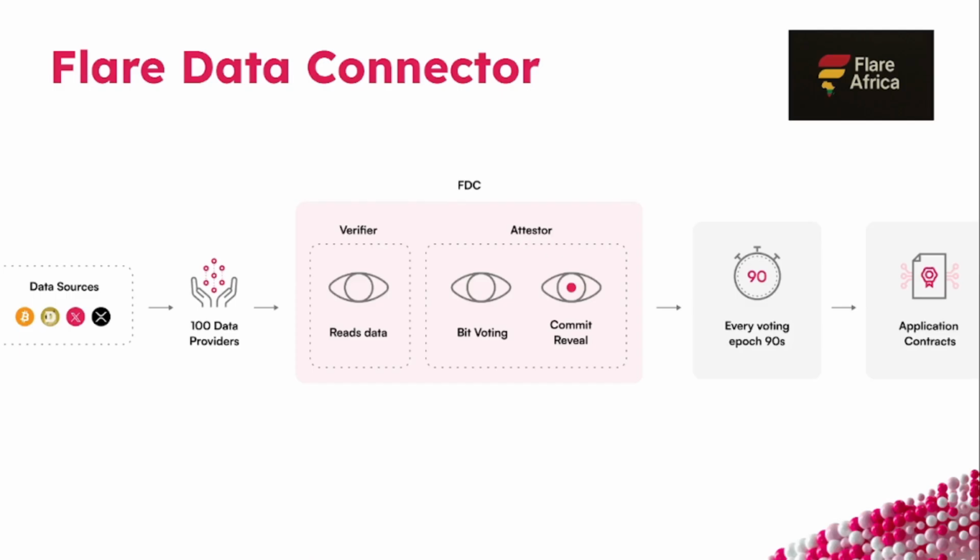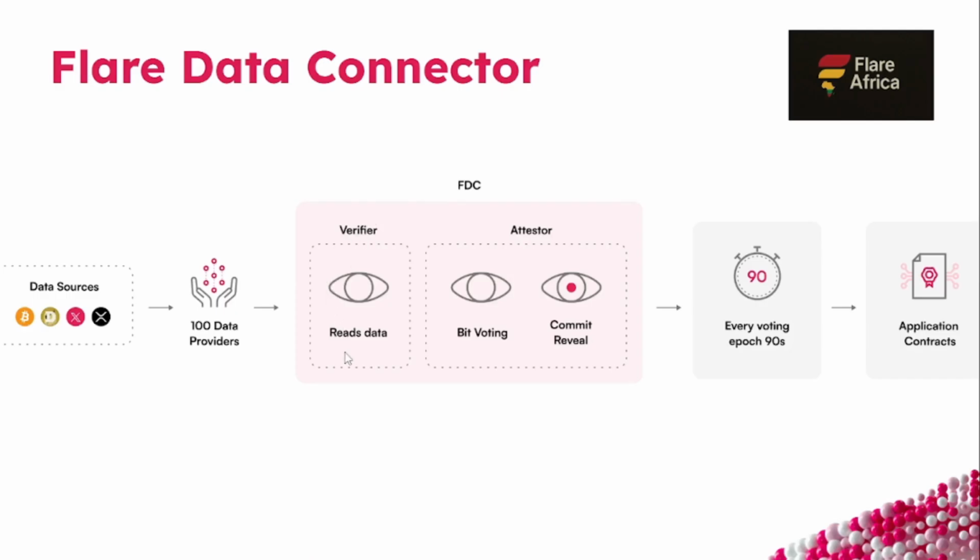Each of them would make a GET request to those different data sources, and then come back with the data, and they check against each other to see if the data is consistent for all the validators. Then, when that is done, a Merkle tree is created for the data that has been verified. Then the Merkle root is generated and put on chain, and you can access that data through the data availability layer. So essentially, that's what happens here.